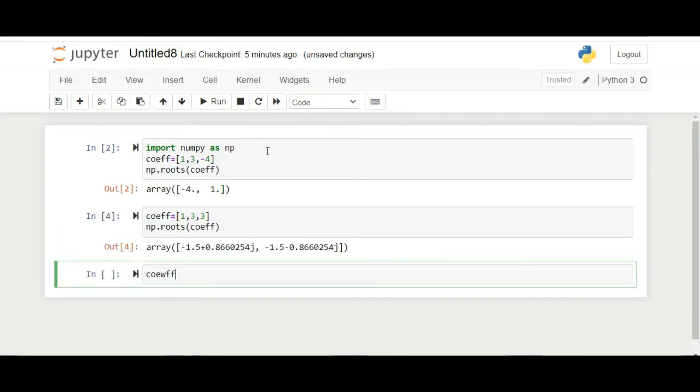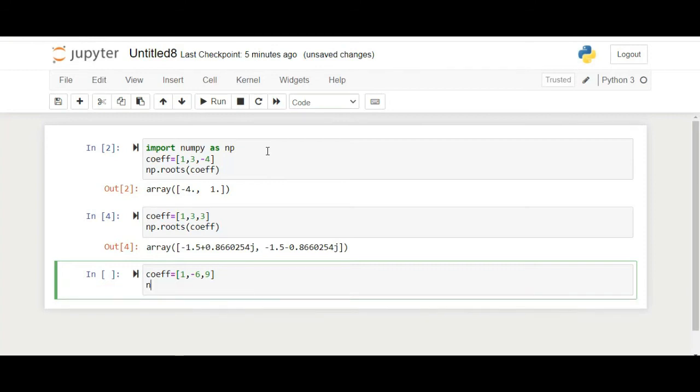Now I will write another coefficient, 1 comma minus 6 and 9. I am taking again a quadratic equation, and in the next one I shall change it a little bit.